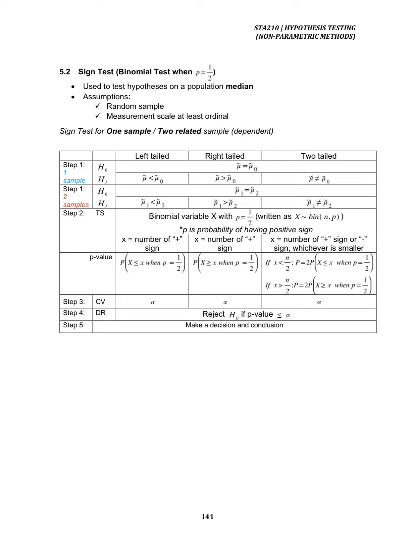But for the sign test, we will focus only on one sample. But I just write also for the two sample. Again, it still has left tail, right tail, and two tail.